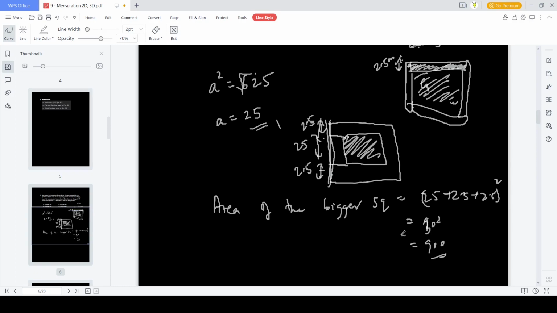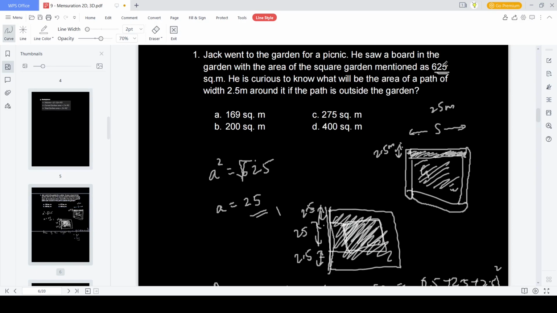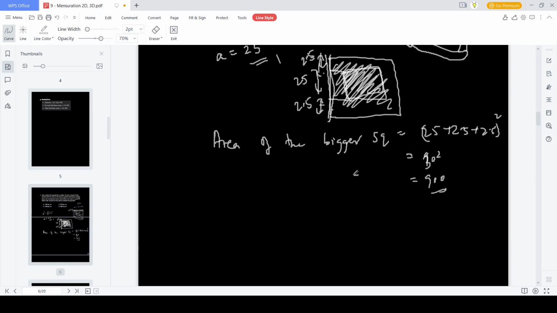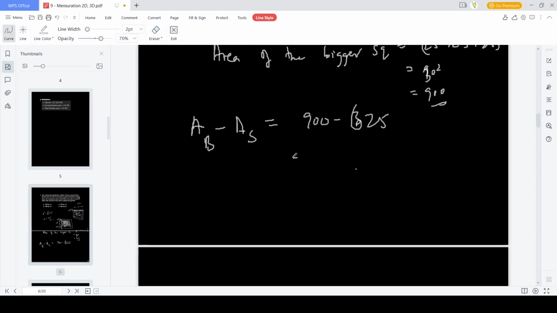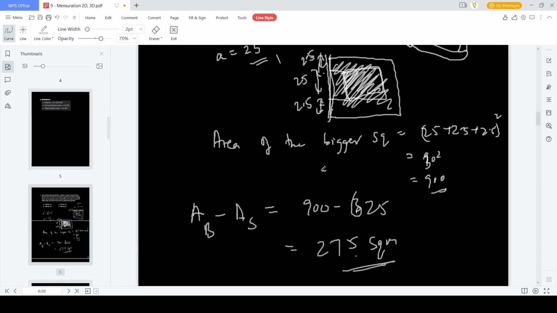So 900 is the area of this whole part, and we know the area of the inside garden as 625. To get the area of the outside path, we just subtract the area of the smaller square from the area of the bigger square, which is 900 minus 625, which comes as 275 square meter. So that's the answer.